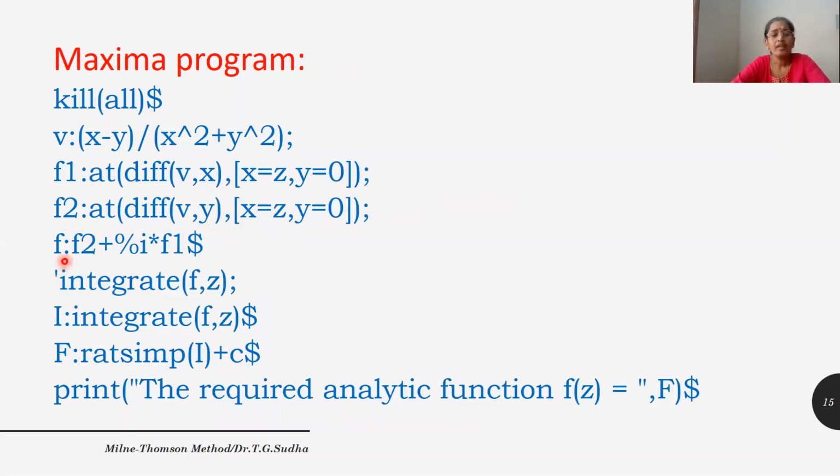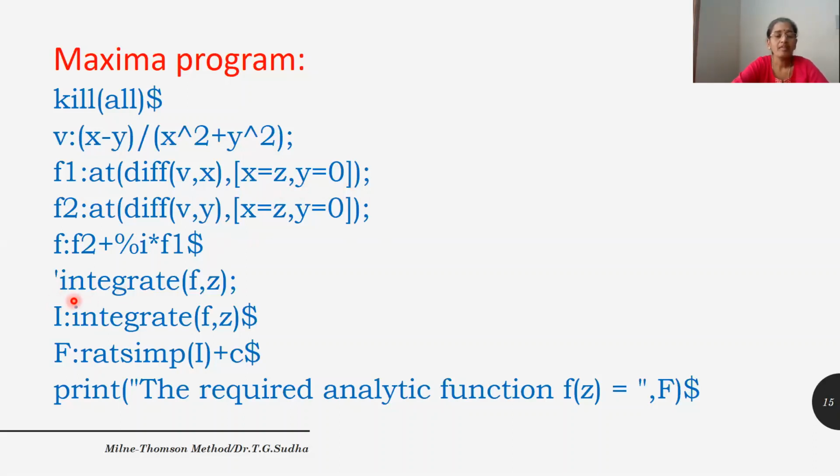And we know in Milne-Thomson method, that f is integral of f2 plus i times integral of f1, where f2 is dou v by dou y at x is equal to z and y is equal to 0, and f1 is dou v by dou x at x is equal to z and y is equal to 0.